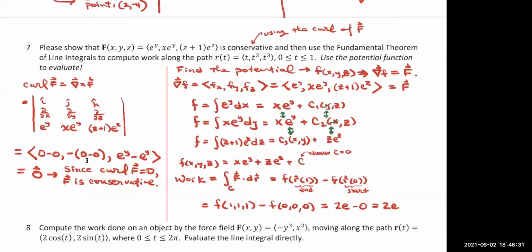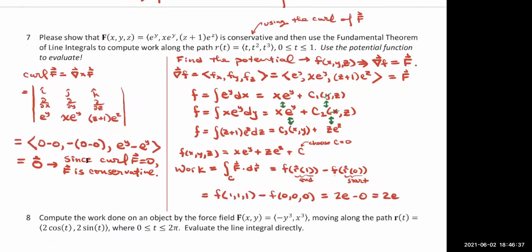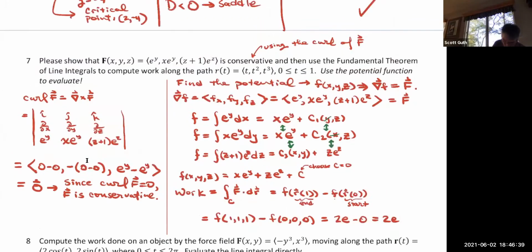So I just want to clarify that F(1,1,1) minus F(0,0,0), that is inputted into the potential function, correct? Yeah, they are. So the potential is this guy, where C is 0. Just ignore the C. It cancels out anyway. So this is your F, but the (1,1,1) comes from r.